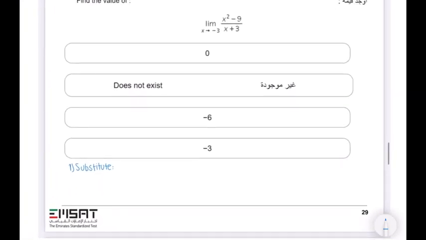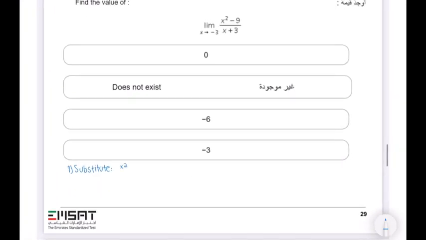Now what is it? x squared minus 9 over x plus 3. Let's substitute, so it would be negative 3 to the power of 2 minus 9 over negative 3 plus 3.